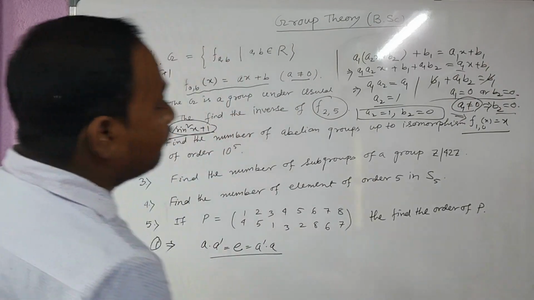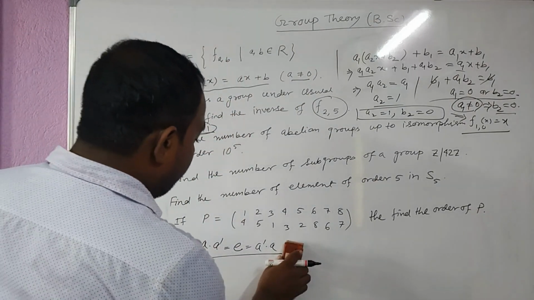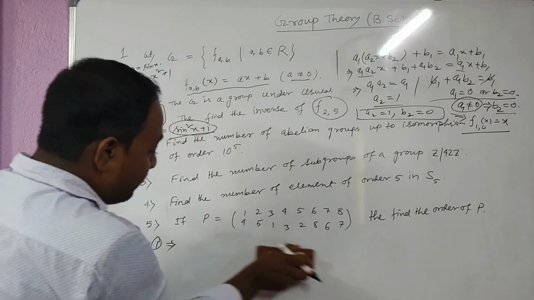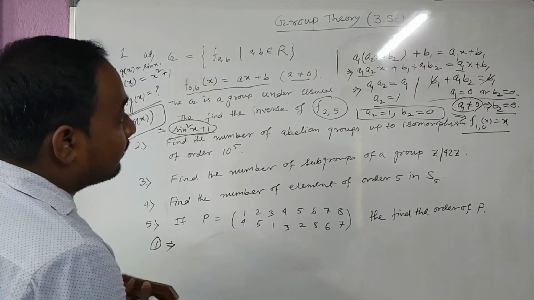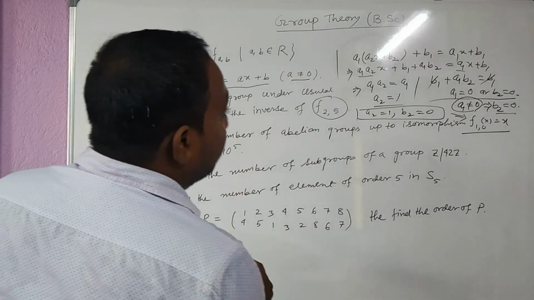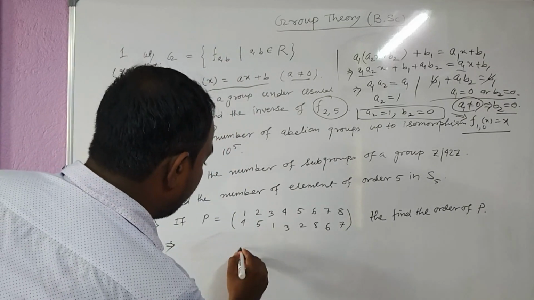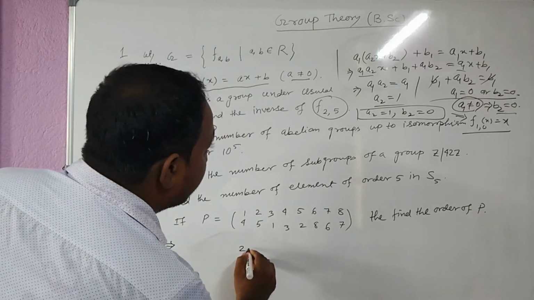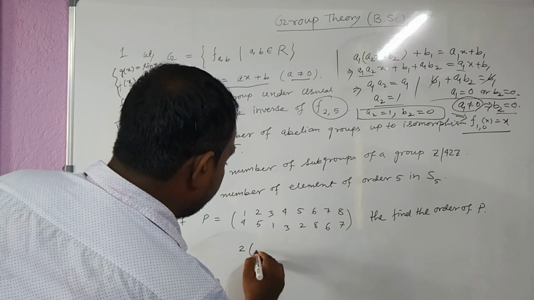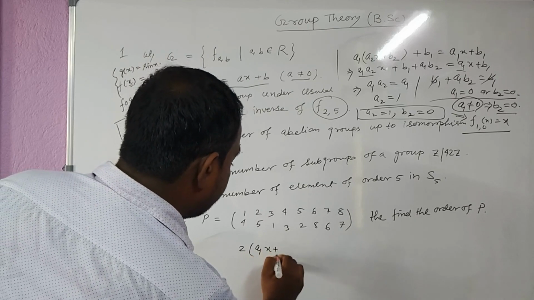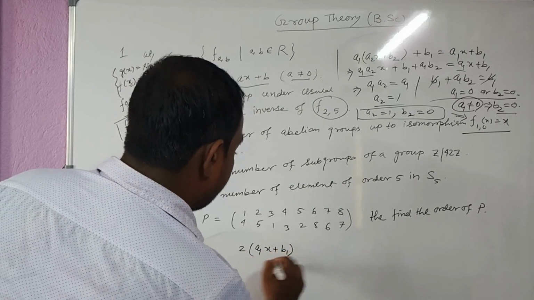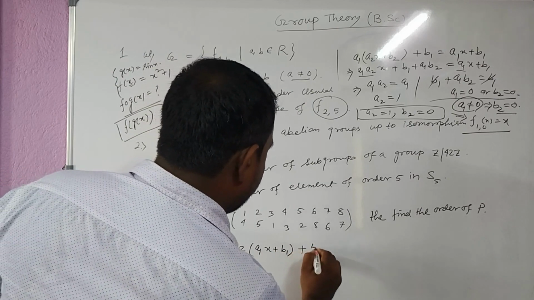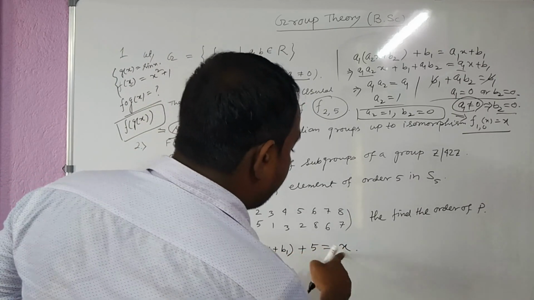Now using the definition of composition, the function is 2x plus 5, so a1 times (2x plus 5) plus b1 equals the identity.